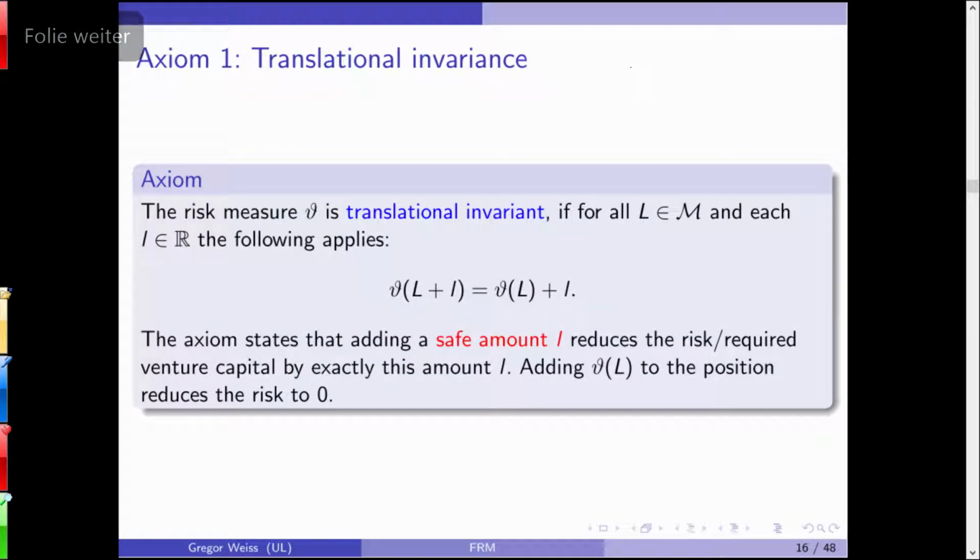Now, the first axiom is translational invariance. The risk measure, nu, is translational invariant if for all random variables and each L, the following applies.